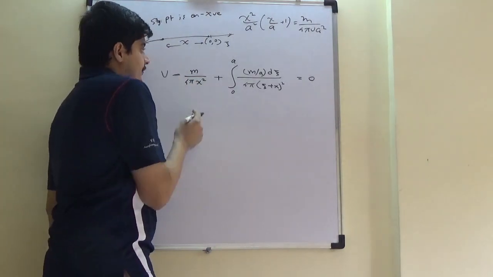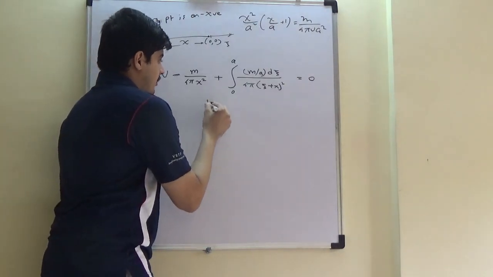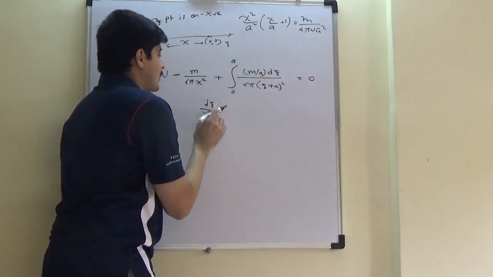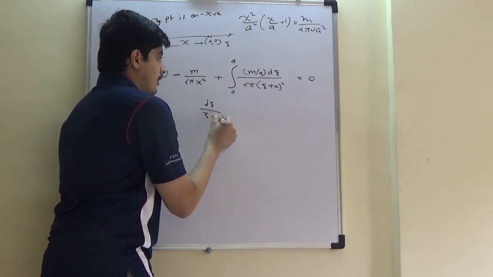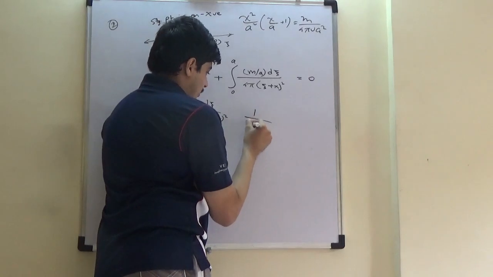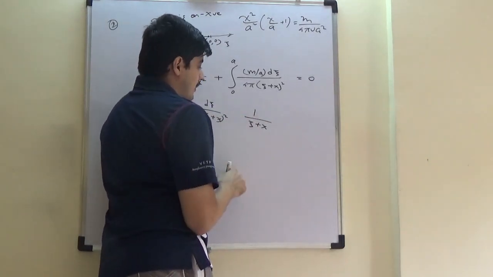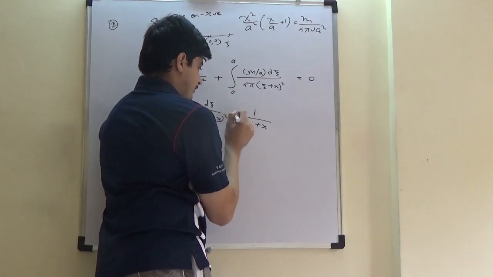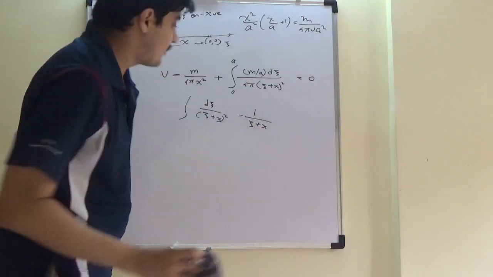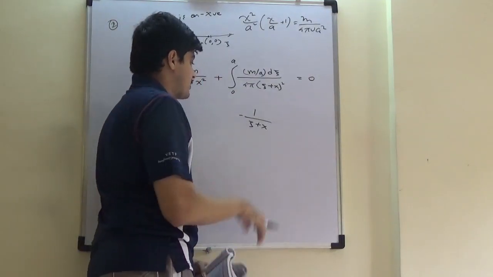What does that mean? Now, in order to solve this, d zeta upon, now x is like a constant, right? So the integral of d zeta upon zeta plus x square. How would you write this? 1 upon zeta plus x. Right? If you are getting confused in mathematics, the best way is to go from first principles.